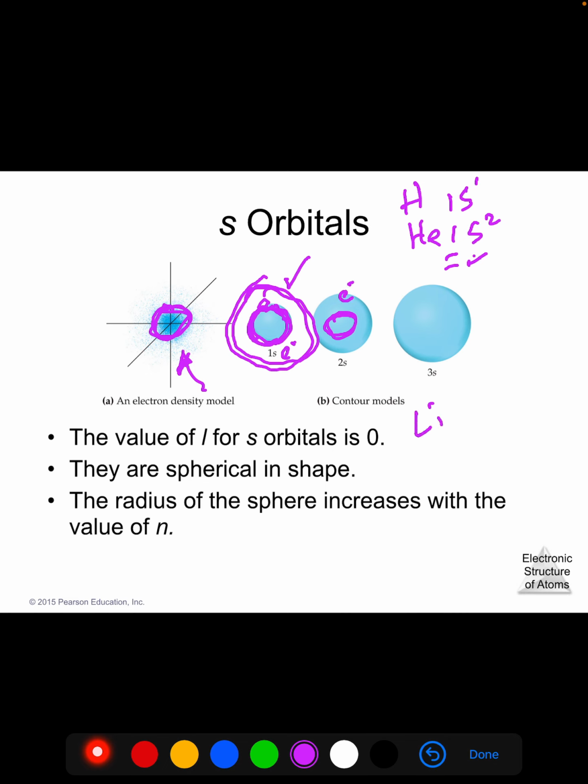So we write lithium 1s2, 2s1, second energy level. We just expanded and got a bigger one around it because this can only hold 2. So in the second energy level, principal energy level, we have an s orbital with 1 electron in it.